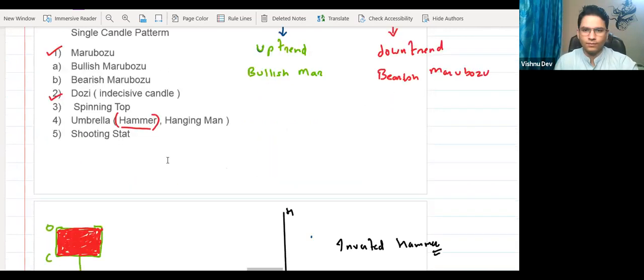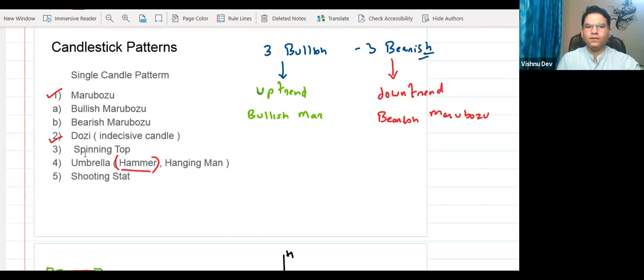Okay. Then we talked about doji. Daksh, what is doji? Everyone else can just message in the chat box. Doji is a candlestick pattern. Which kind of candlestick pattern?